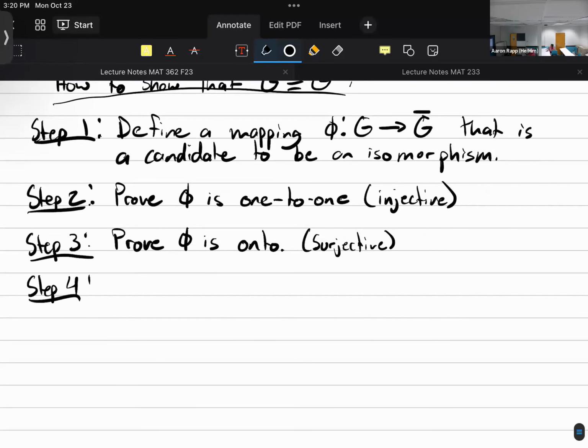And step 4 is to prove that this mapping is a homomorphism, that it preserves the group operations, even when I travel from one group to the next.